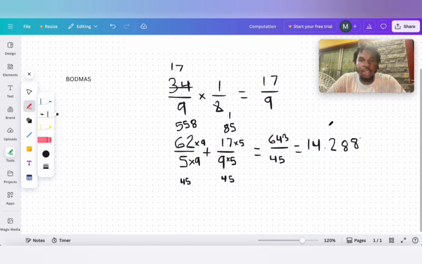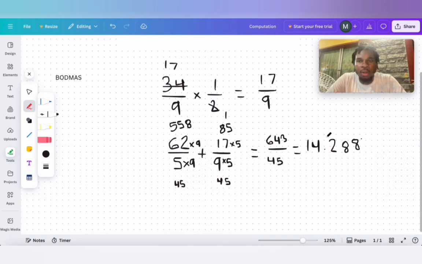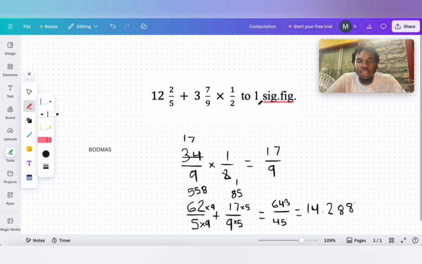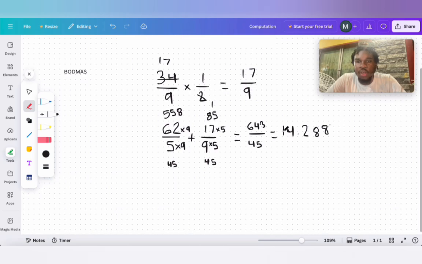It's a recurring decimal. So would this be our answer? No, because what they want us to do is to approximate this to one significant figure. So one significant figure would be our first number here on the left, since that has the greatest value.